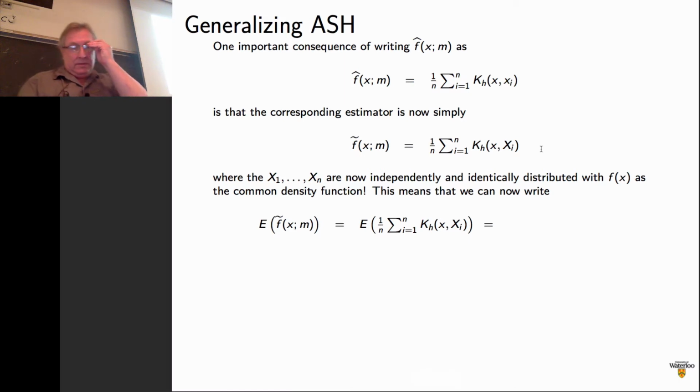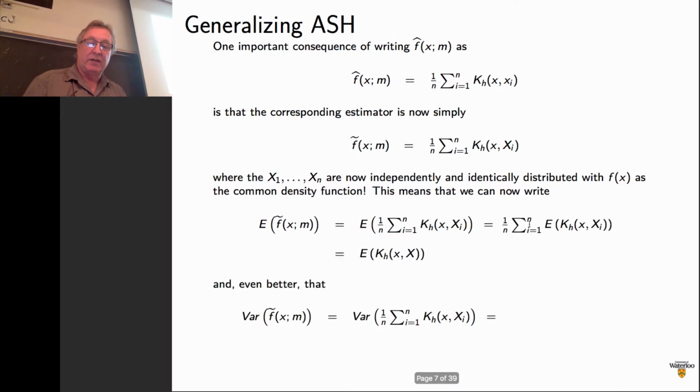Then that means we can actually take expectations and variance of this thing fairly straightforwardly. In particular, the expected value of this sum: that's a constant, right? This is a sum, so it's going to be 1 over n times the expected value of the sum, sorry, the sum of the expected values.